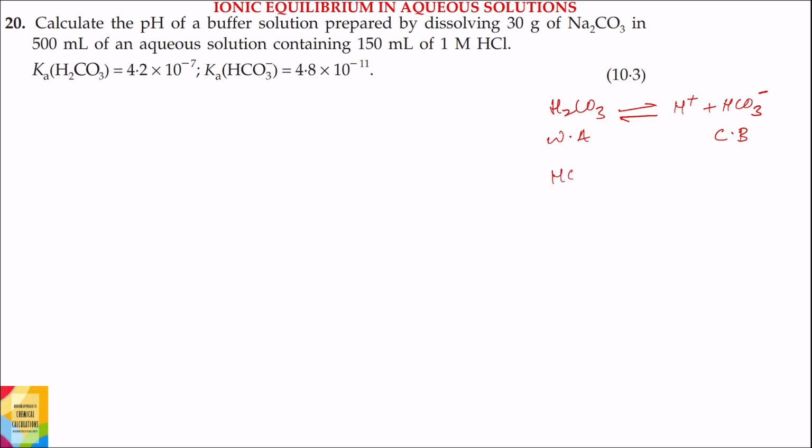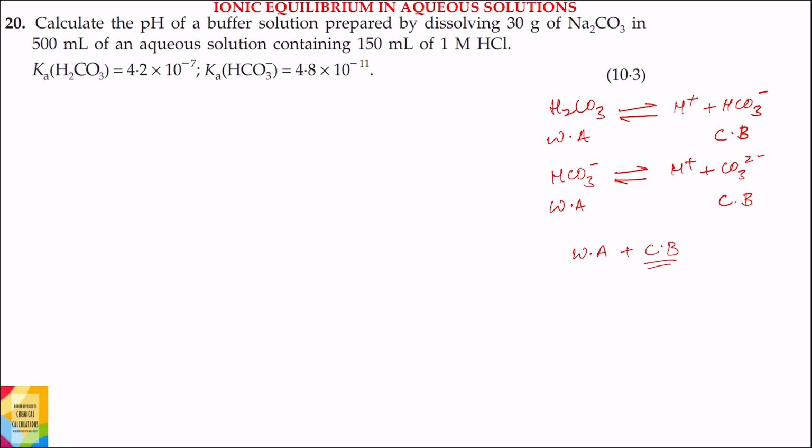Now, this HCO3 minus will dissociate to give H plus and CO3 2 minus. Now, in this step, HCO3 minus is acting as the weak acid and CO3 2 minus is acting as its conjugate base. So, buffer solution is a weak acid plus its conjugate base.